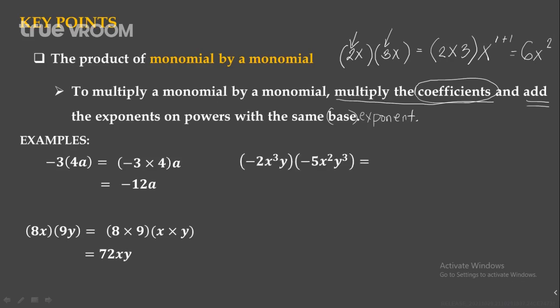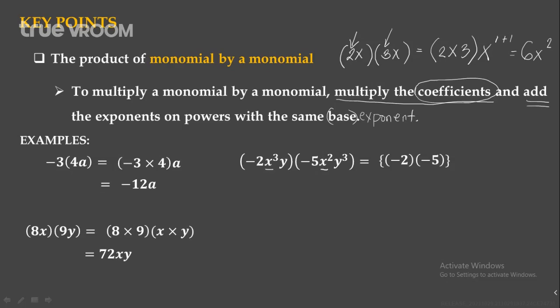Another example. Okay, so we have two variables on each monomial. So we have negative 2x cubed y times negative 5x squared y cubed. So first multiply the coefficients. What are our coefficients? Anyone? Negative 2 times negative 5. Very good. So we have here x and x.